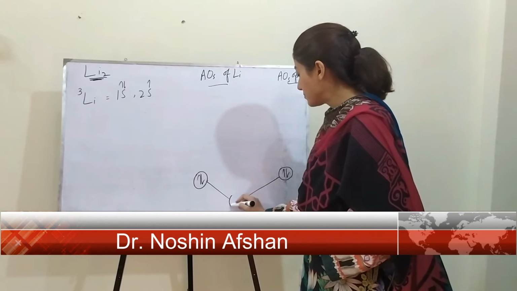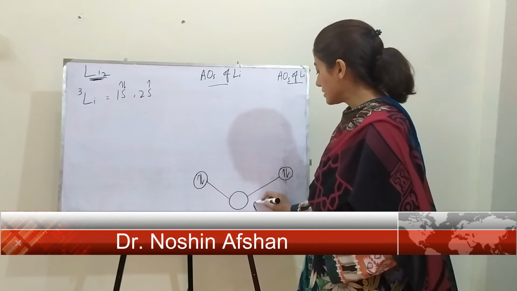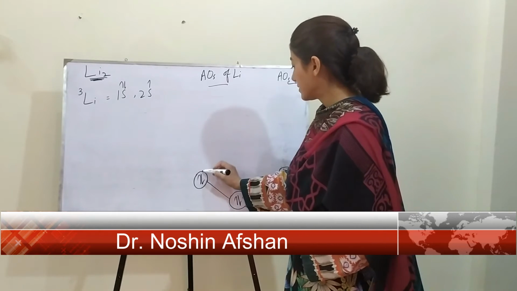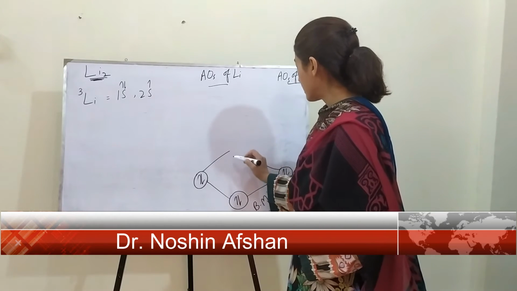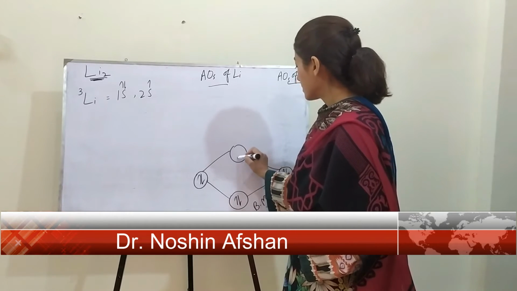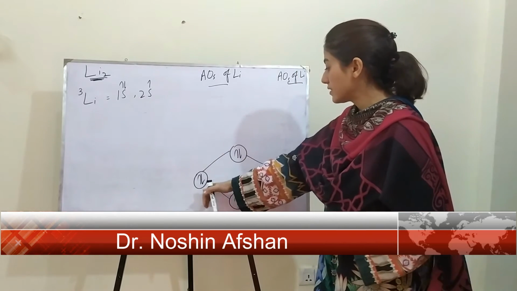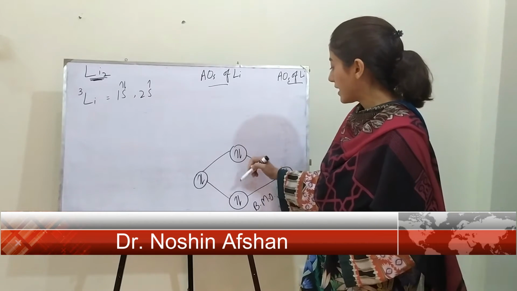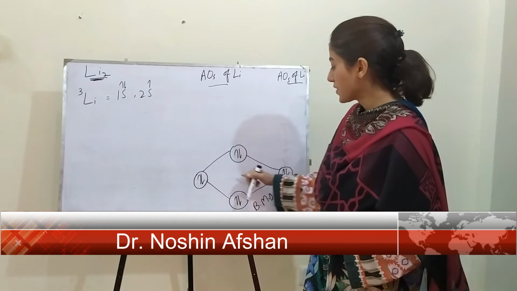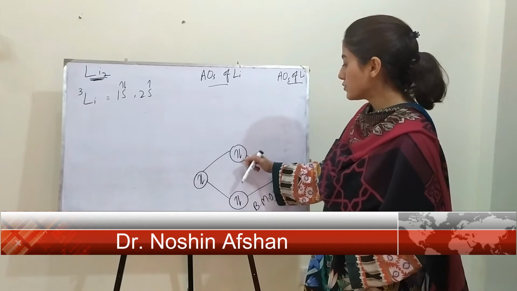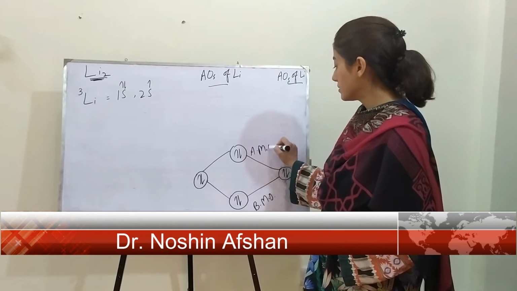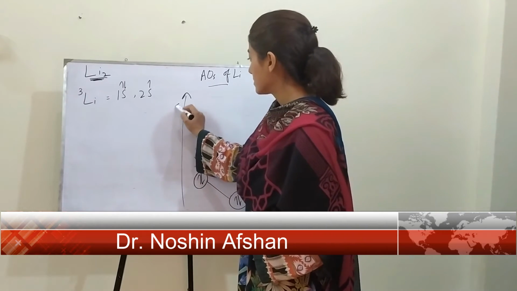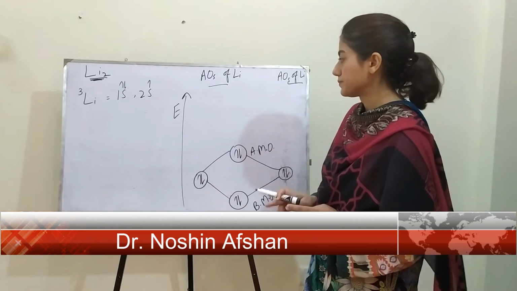When they overlap with each other to form a bonding molecular orbital, 2 electrons would be here, and in the case of antibonding molecular orbital, 2 electrons would go there, because here there are 2 and 2, 4 electrons, and then 2 would be in the bonding molecular orbital, and the other 2 would be here, and the remaining 2 electrons would be in antibonding molecular orbital, and the energy level increases from bottom to top.